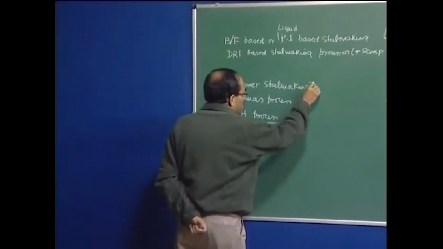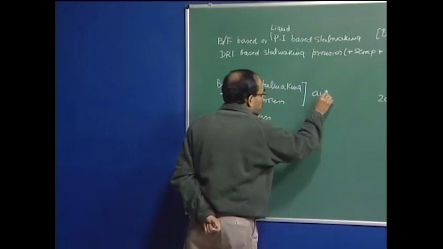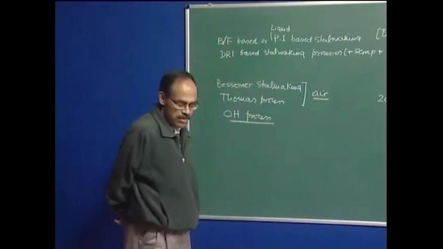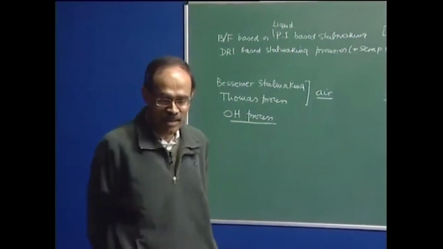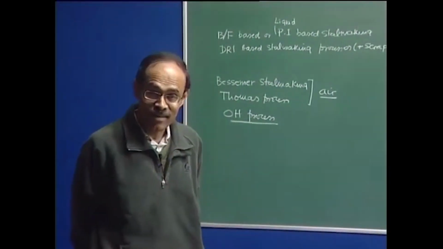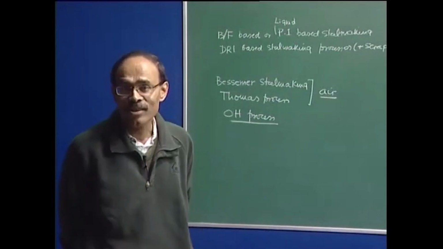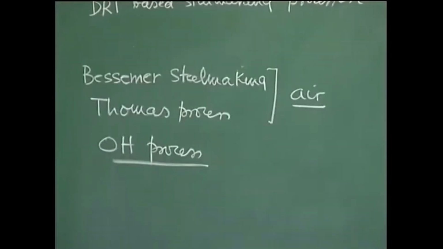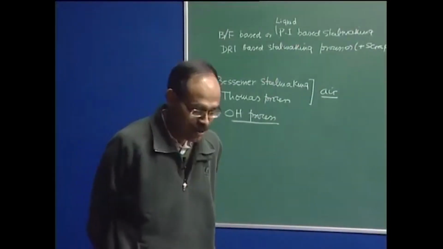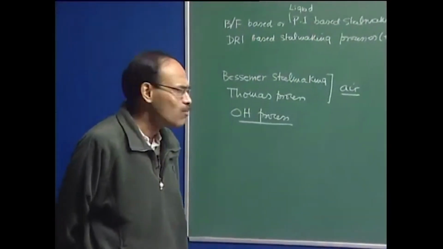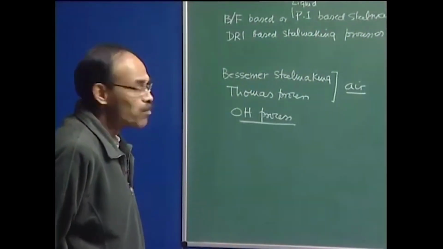Bessemer and Thomas processes use air as the oxidizing agent, because in those days there was no means to obtain pure oxygen. Bessemer did recognize that it is not correct to blow air; he knew that perhaps it is better to blow oxygen, but in those days cheap availability of oxygen was a big issue, and there were no commercial processes available.